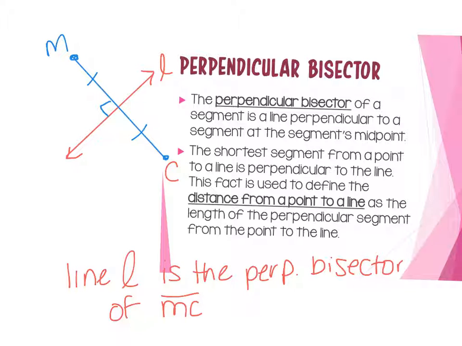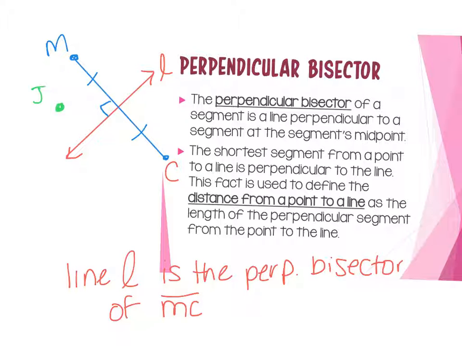And then the second bullet says the shortest segment from a point to a line is perpendicular to the line. So if I picked a point here, call this J, and I said, how do I show the distance from point J to segment MC? You can't just start drawing lines and say that those are all distance, right?